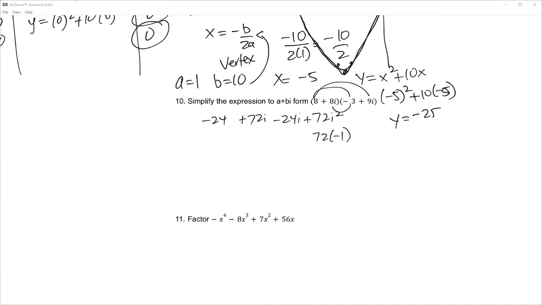So it'll be -24 minus 72 plus 72i minus 24i. I'm just regrouping this so that I can combine like terms better. So at the end of the day, this is -96 plus 48i.